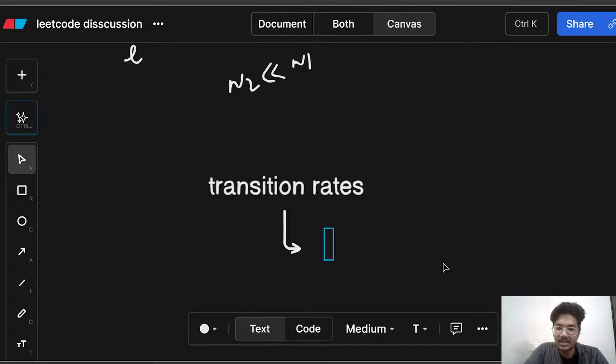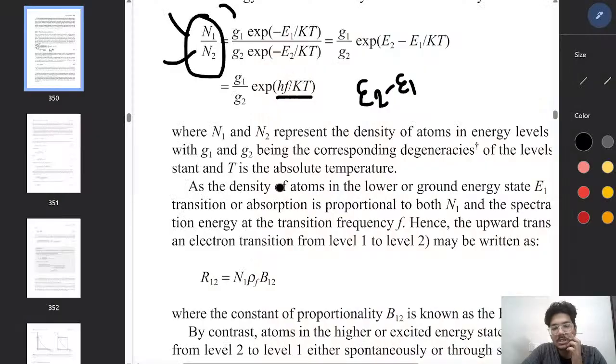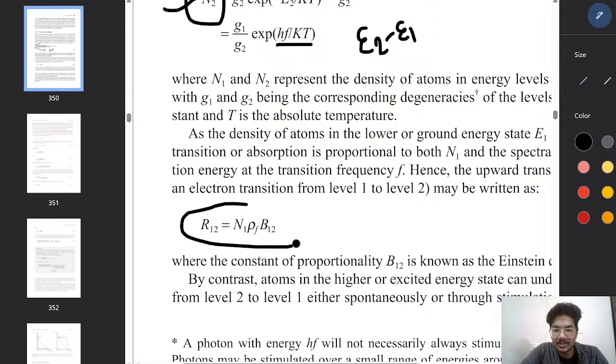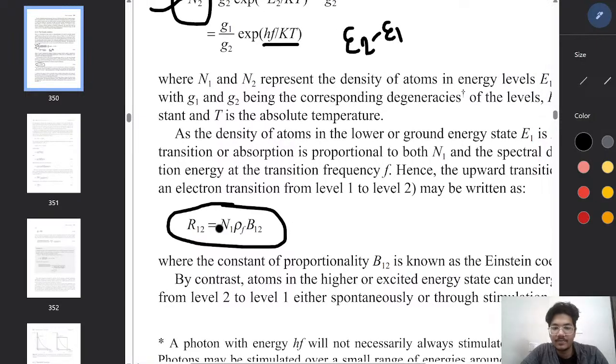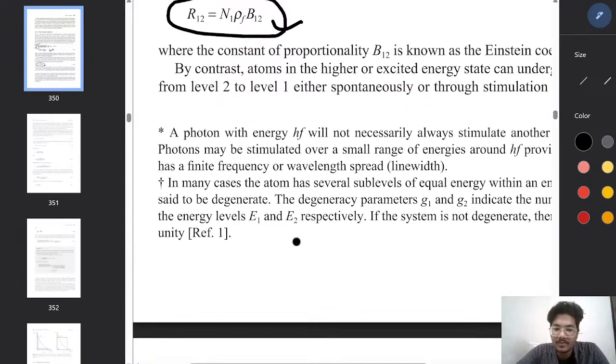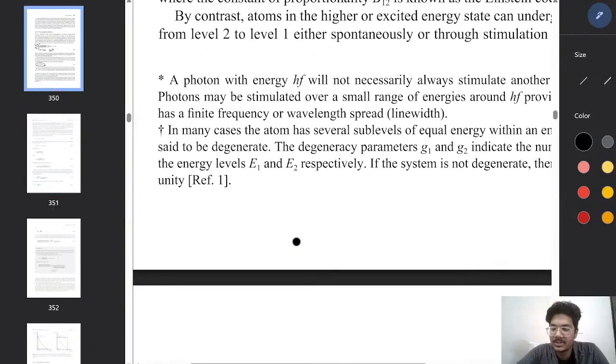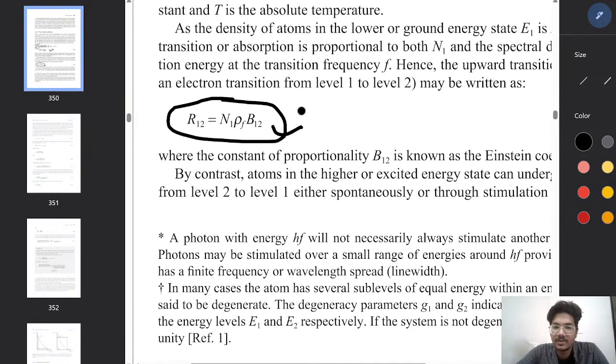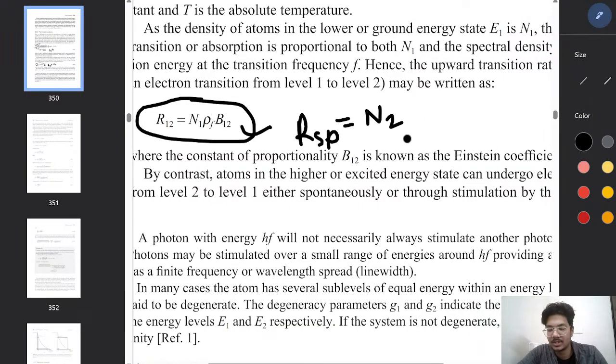R12, the absorption rate, is equal to N1 rho f B12. For spontaneous emission, the rate is N2 times A21, with N2 the number of atoms in the higher level.